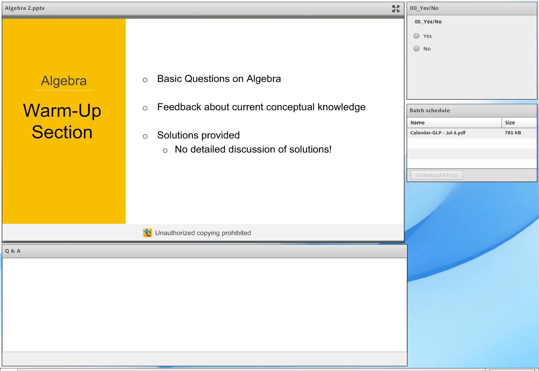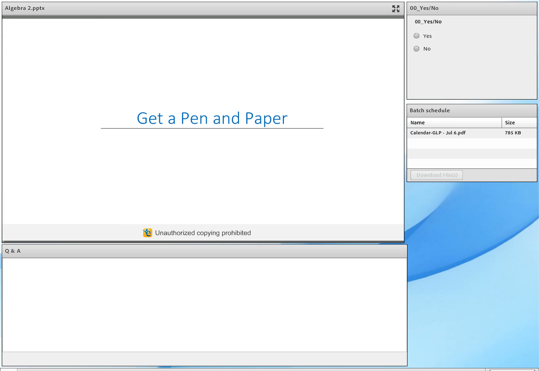The purpose of this warm-up section is to give you basic questions on algebra and make sure that you have the right level of understanding of your conceptual knowledge. I will give you the solution, but I won't discuss it in detail because the point of this session is not to teach you the concepts, but to teach you the application. But yes, you will definitely get feedback on what conceptual knowledge you really need to work on.